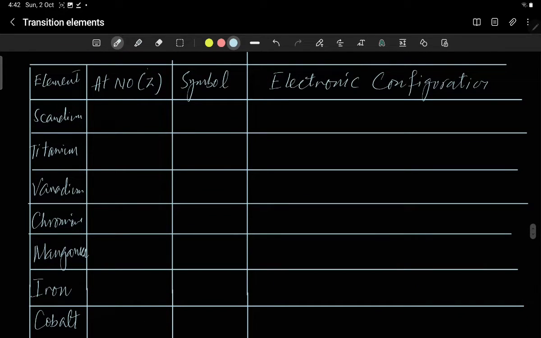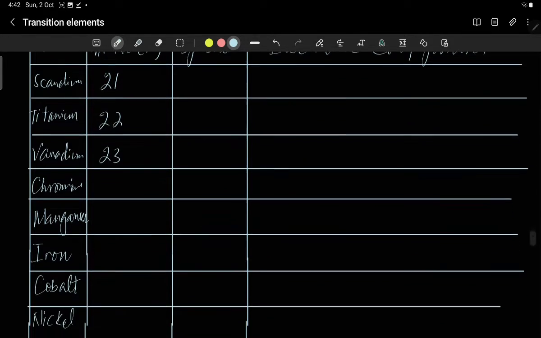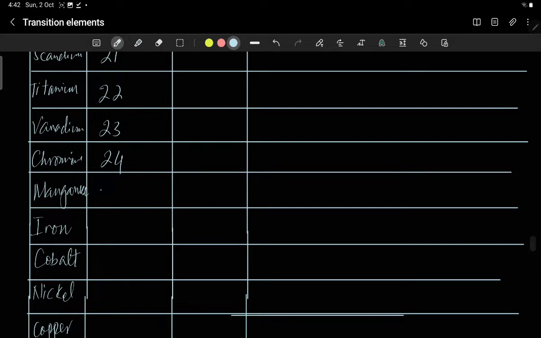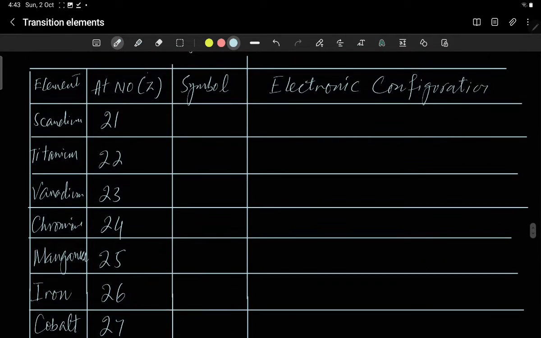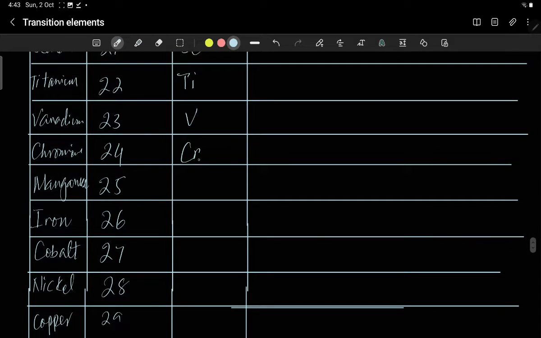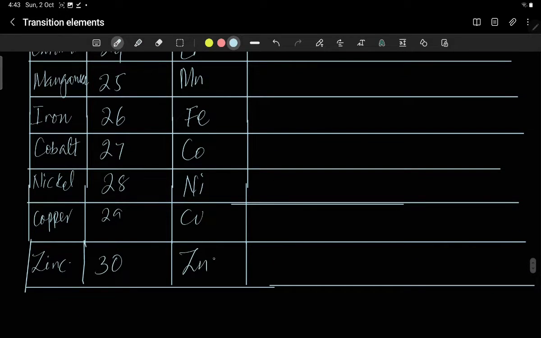So the atomic number is 21, 22, 23, 24, 25, 26, 27, 28, 29 and 30. Symbol is Sc, titanium, vanadium, chromium, manganese, iron, cobalt, nickel, copper and zinc.